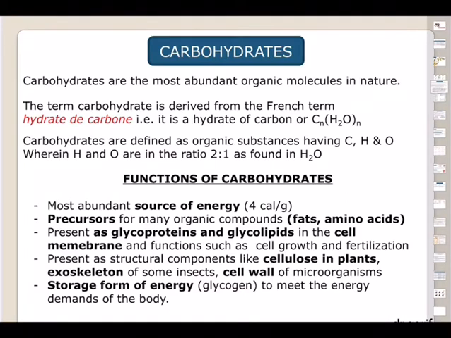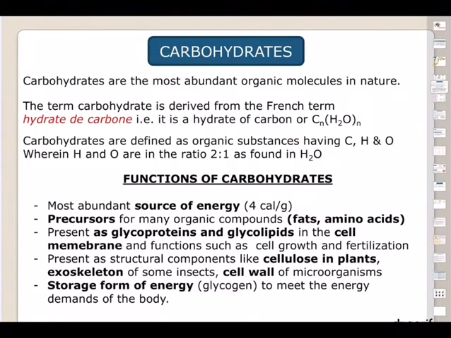Where, let us say, n is equal to 6, it becomes C6H12O6. Why H12? H2n, H2 into 6, because 6 is the common factor. So it becomes C6H12O6. So n can be any number.